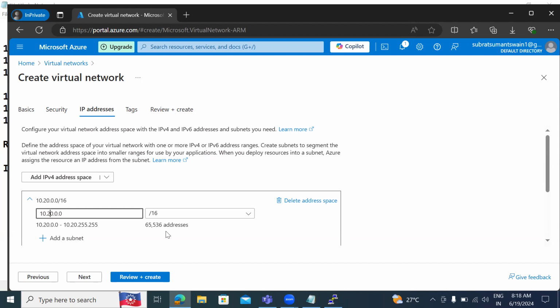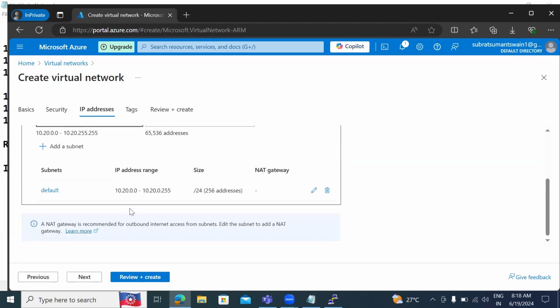Then one subnet is also created, 10.20.0.0 to 10.20.0.255, with /24. With this, how many do we get? 256 addresses.